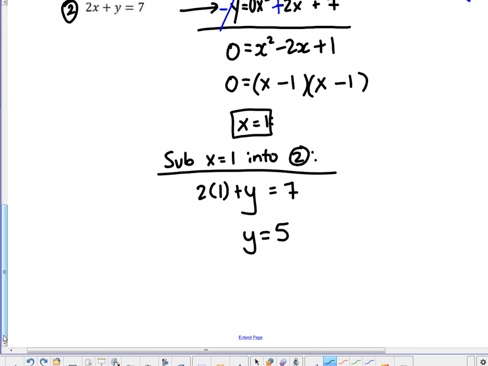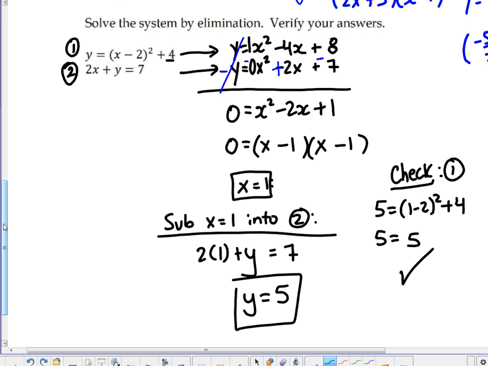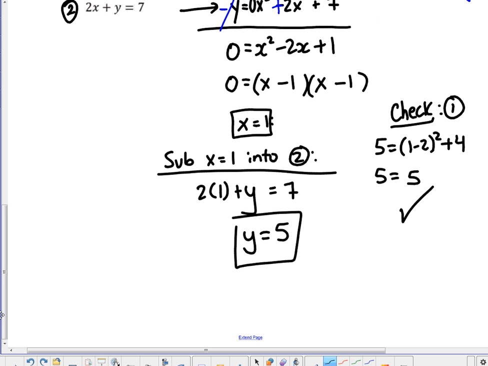You subtract 2. Same thing. Okay, and checking this one. It'll be easy. Let's just use the first equation because we just subbed into 2. So we're going to check with 1. 5 has to equal 1 minus 2 squared plus 4. Yep. 1 minus 2 is negative 1. Negative 1 squared is 1. Plus 4 is 5. Bingo! There's our answer.